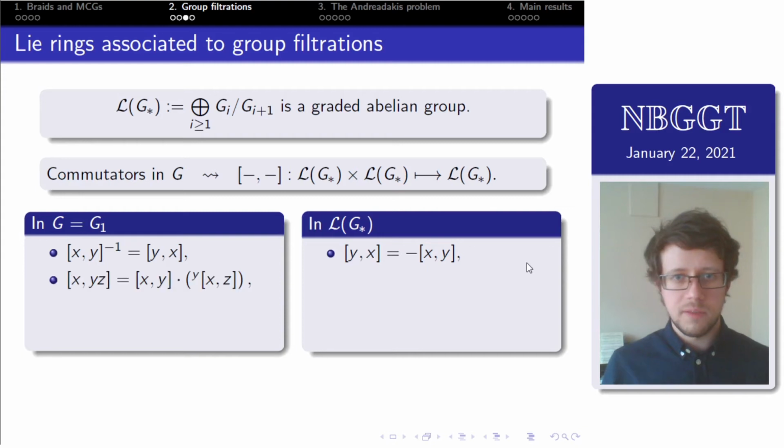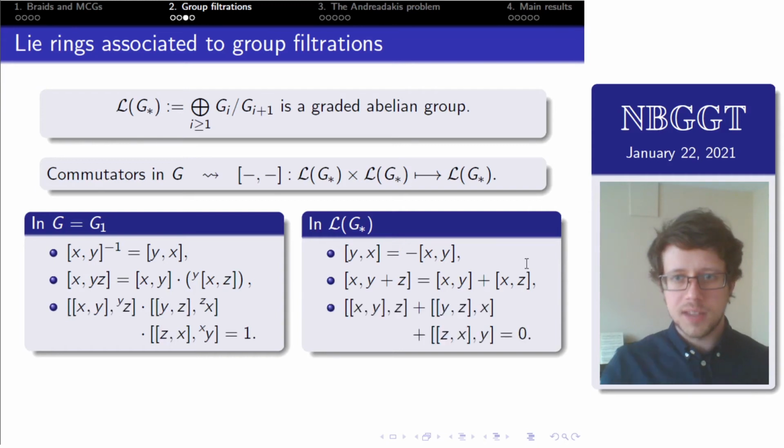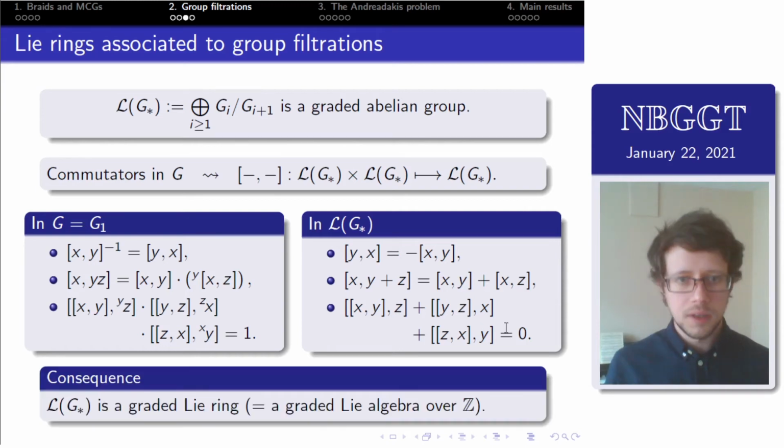And we have this formula giving the bilinearity, and then we have another formula, which is called the Witt-Hall formula, which gives exactly the Jacobi identity, and then we know that this induced map is a Lie bracket on this associated graded, which is then a Lie algebra over Z, a Lie ring.